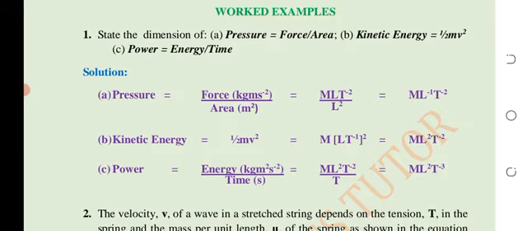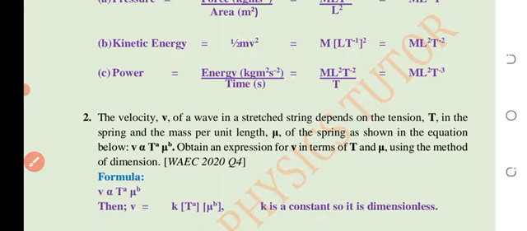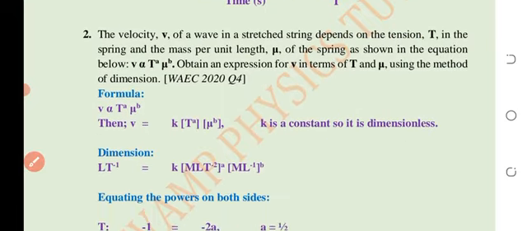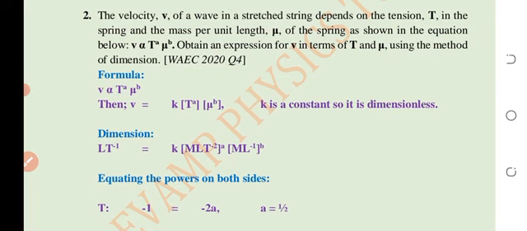Okay, moving away from question number 1, let's consider another example. This one is one of the most recent WAEC questions. The question says, velocity v of a wave in a stretched string depends on the tension T in the string and the mass per unit length mu of the string as shown in the equation below.